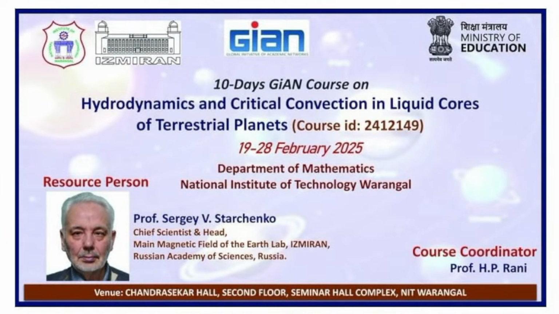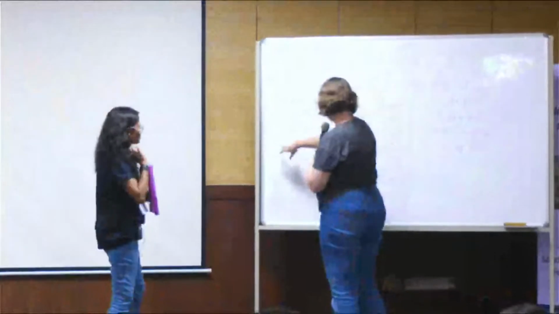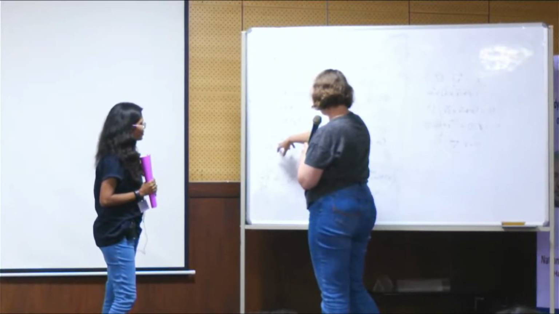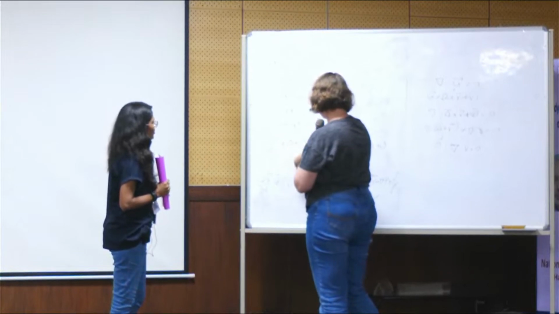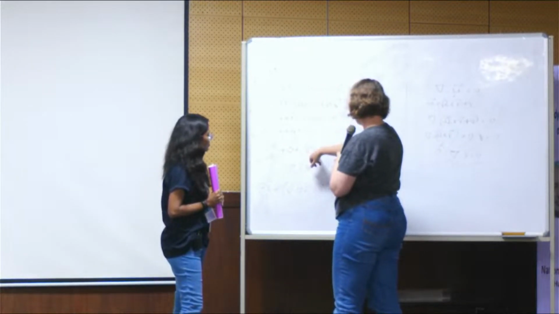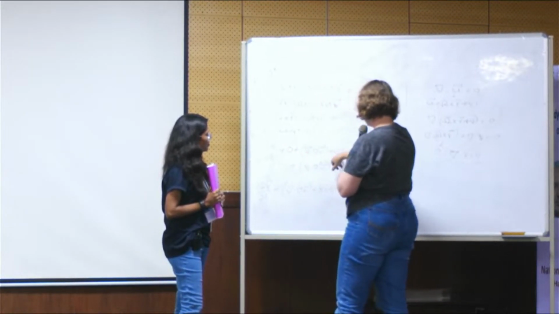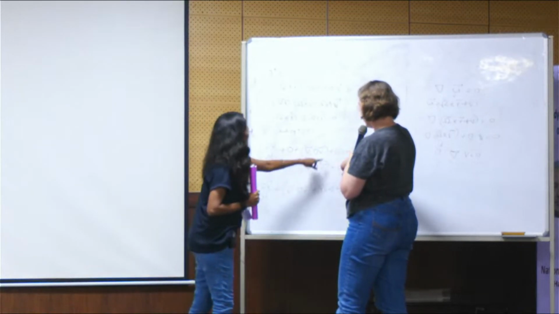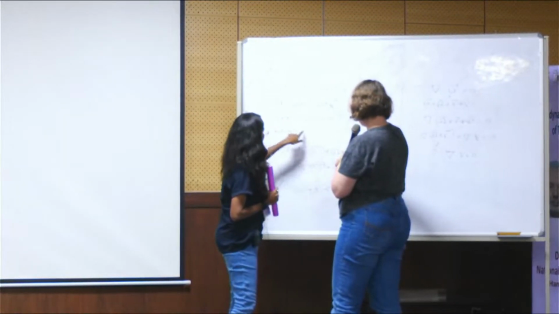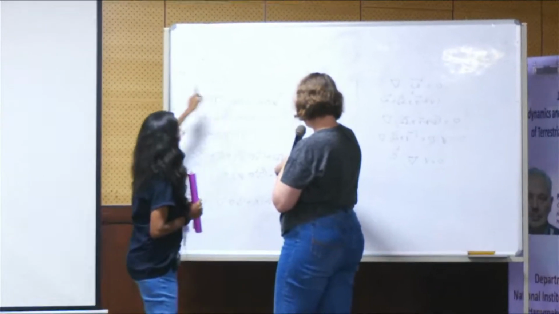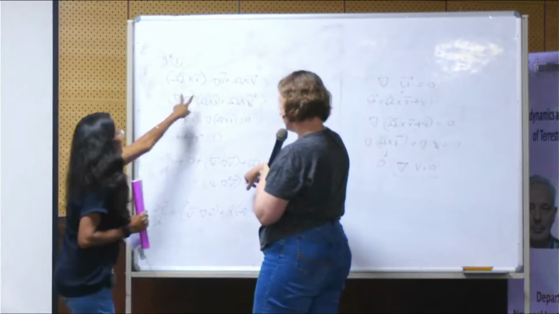Here, let's check the units. Yes. So here we've got dV over dt. Here we've got V nabla V, and here something is off. We substituted this equation into equation 5. Yes, from equation 5.